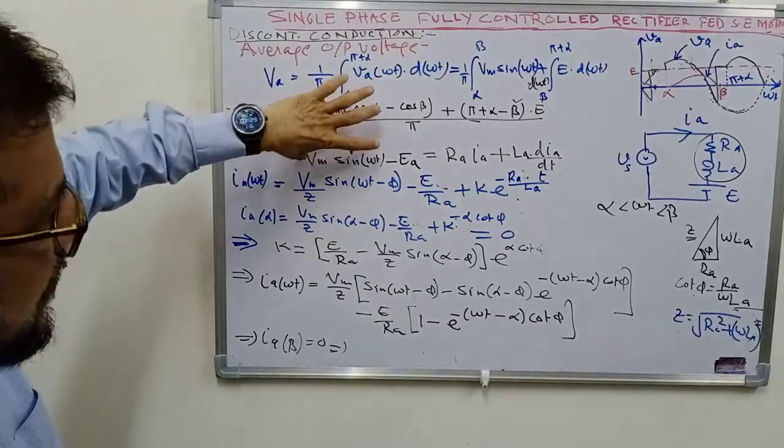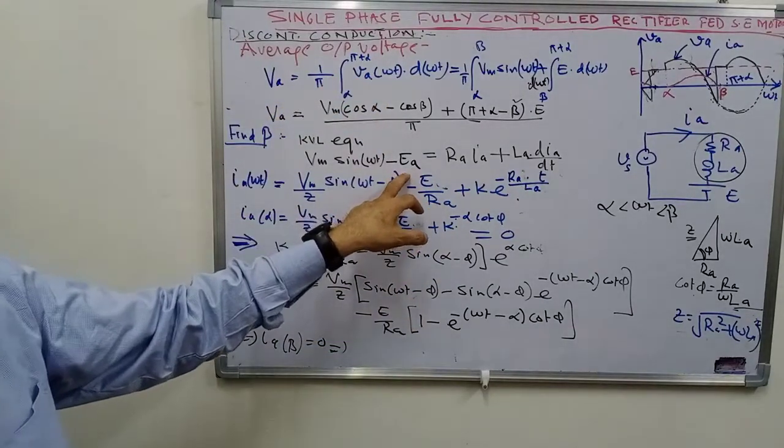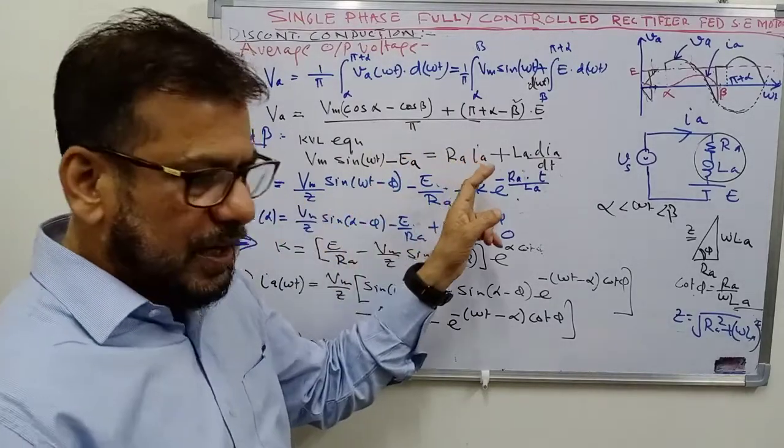One is the AC source Vm sin omega t, and the other is a DC source having magnitude minus E. So you have to solve for the current Ia.